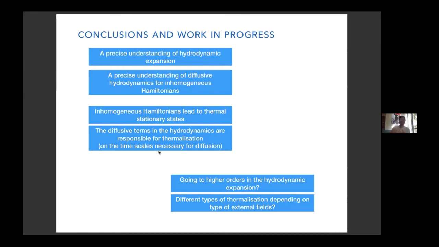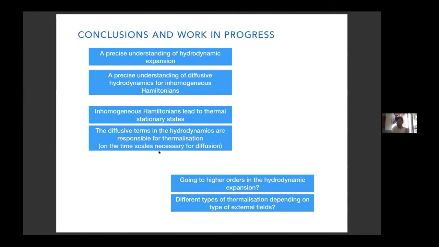So we gave a way to understand the logic behind the hydrodynamic expansion, namely take a hydrodynamic state and expand the chemical potential in different powers of the slope.